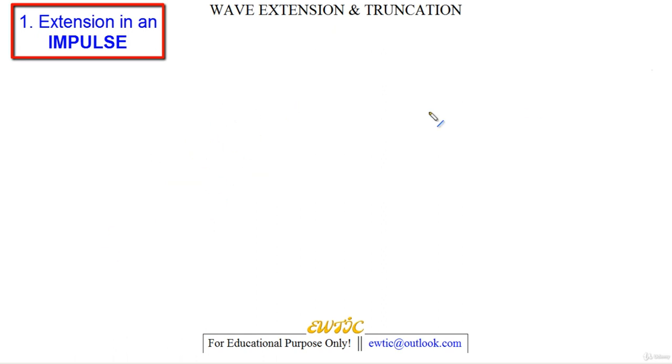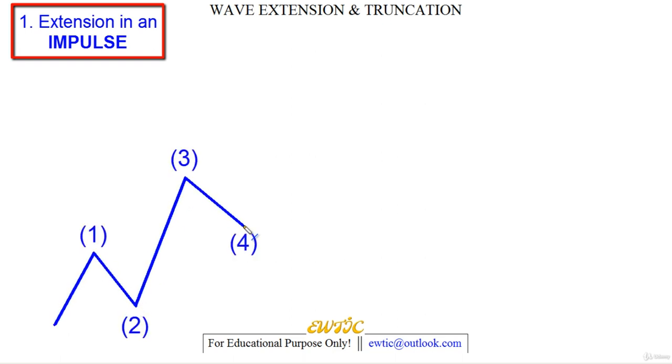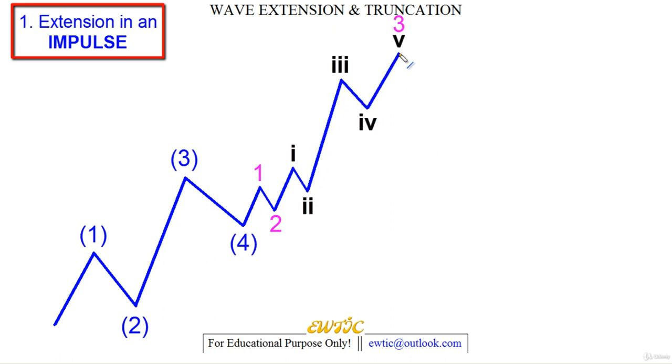Sometimes a wave in an impulse wave extends to a much bigger extent. For example, this is wave 1, this is wave 2, this is wave 3, this is wave 4. Let's suppose the fifth wave is extended. You will see 1, 2, another 1, 2, then 3, then 4, then 5 for 3, 4, 5 for 5.